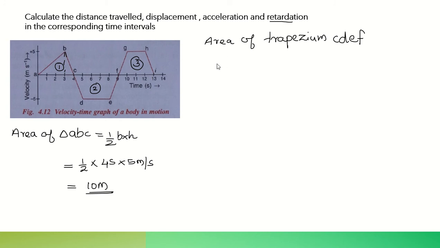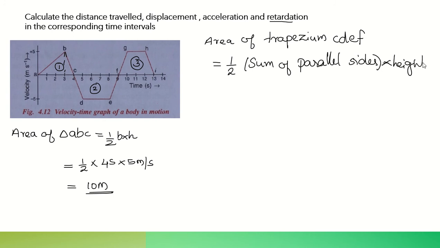So what is the formula for that? Half into sum of the parallel sides multiplied by height. The 2 half is already there. So sum of the parallel sides into height divided by 2 will give you the area of the trapezium.